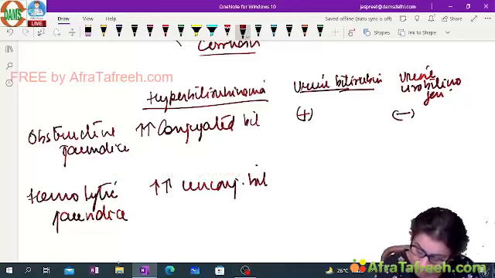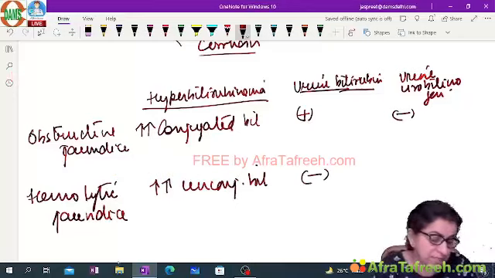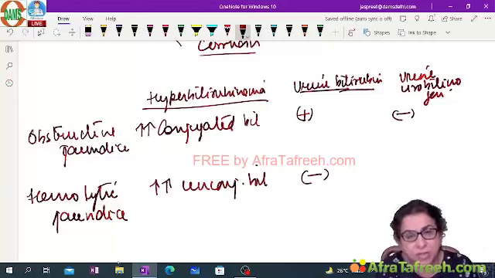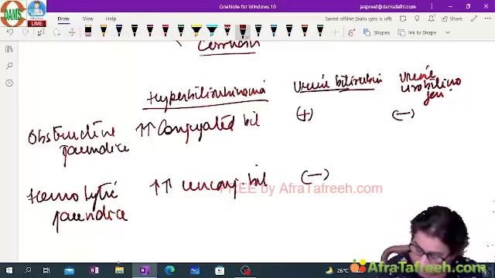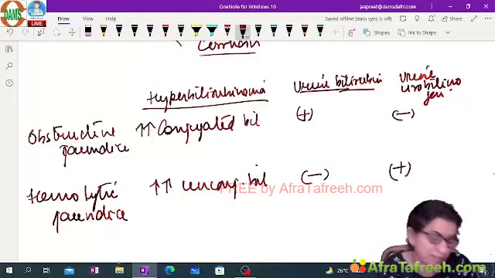So urine bilirubin is negative. But urobilinogen, whatever bilirubin is getting conjugated, unconjugated bilirubin is going to the liver. Not all is getting conjugated. Whatever is getting conjugated, urobilinogen is being formed and urobilinogen is excreted in the urine. So urobilinogen is present in the urine.